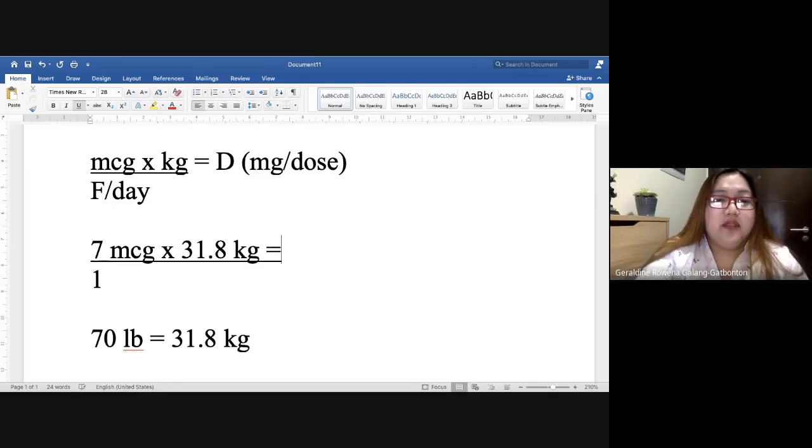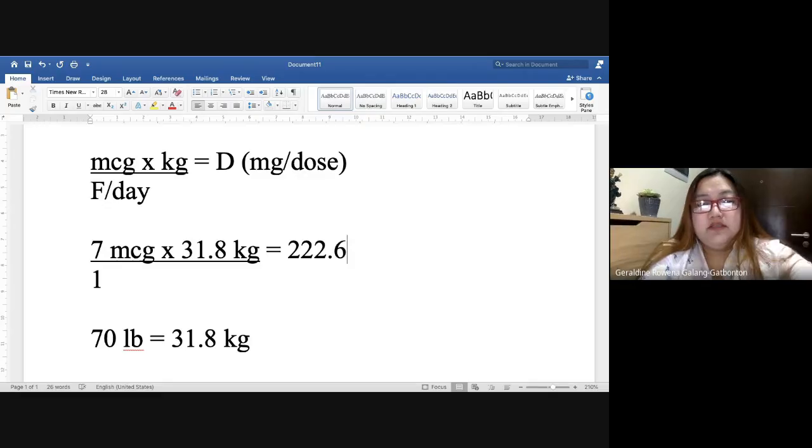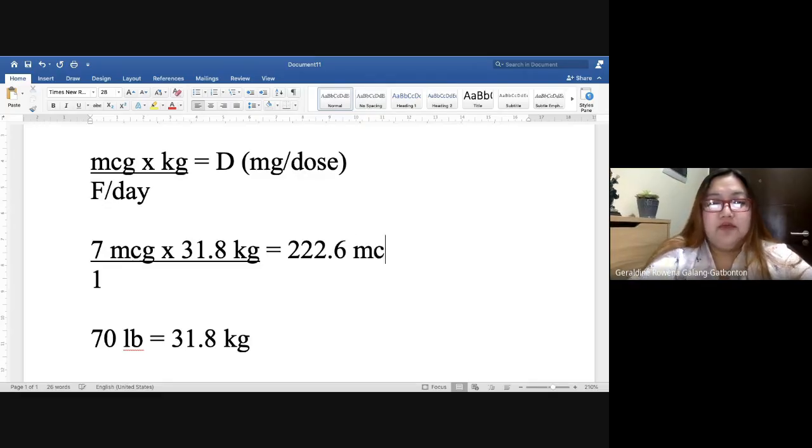So, if you now compute that, 7 microgram times 31.8 kilogram divided by 1, ang magiging sagot ay 222.6 microgram per day.